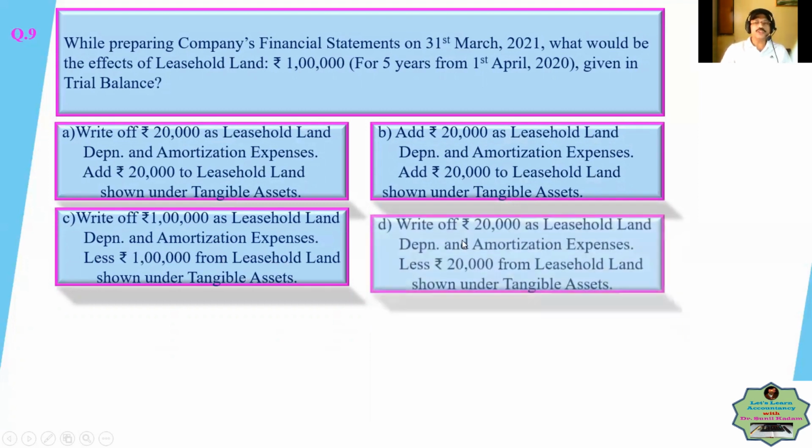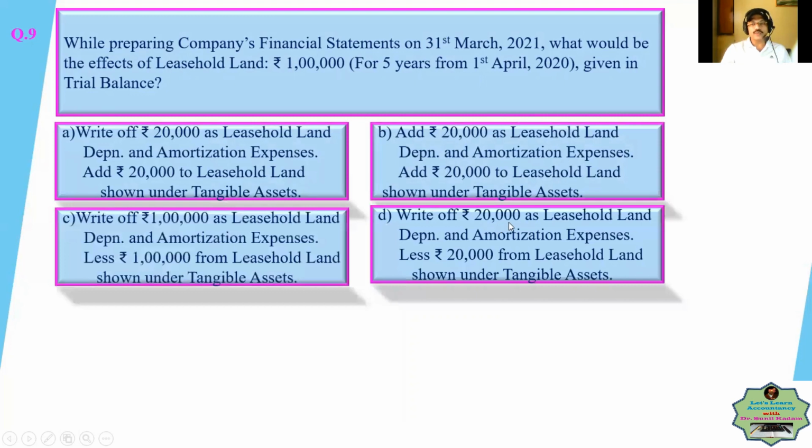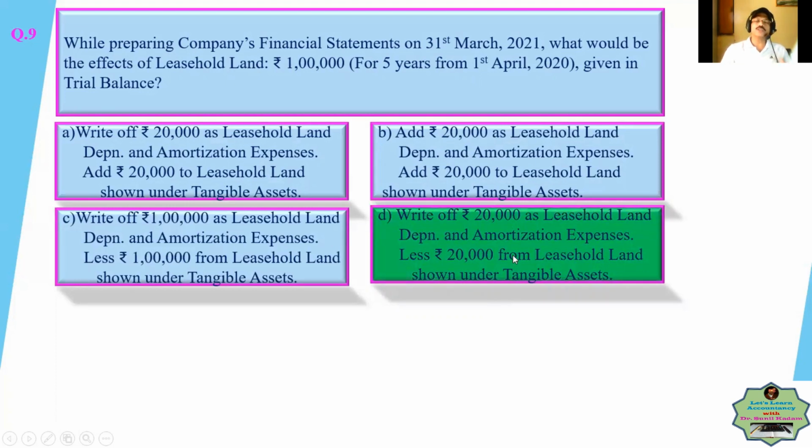And the last option says write off rupees 20,000 as leasehold land depreciation and amortization, and less rupees 20,000 from leasehold land shown under tangible assets. The correct option is the fourth one. Whenever you charge depreciation on any tangible asset, it has to be charged to the profit and loss account under the head of depreciation and amortization.